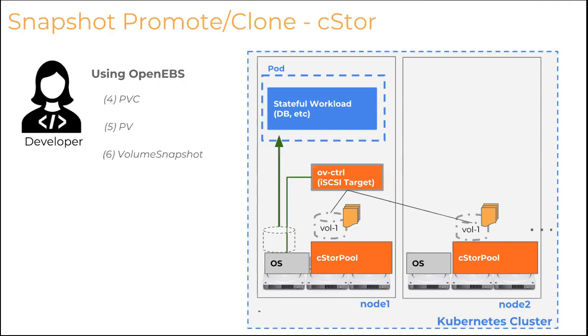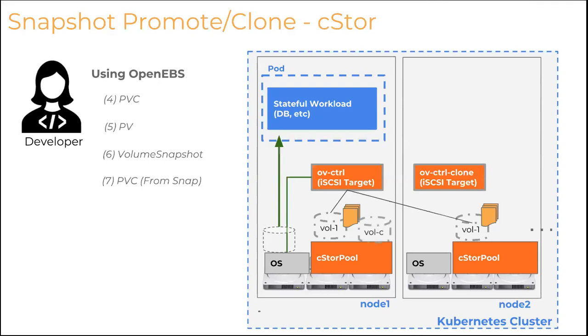So to promote, the developer will have to create a PVC object, and this PVC object, instead of specifying some OpenEBS storage class, will be specifying a snapshot provisioner and the name of the snapshot from which the volume has to be created. And this will result in the control plane creating a new volume. This time it will create a cloned iSCSI target, and it will create Cstor volume replicas with the information from the snapshot from which those replicas have to be created.